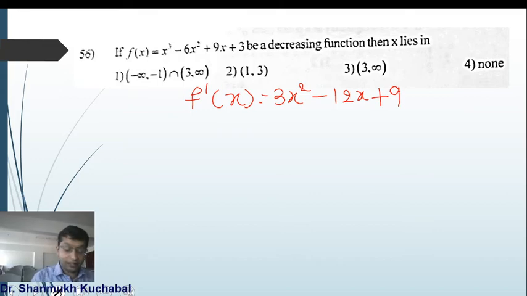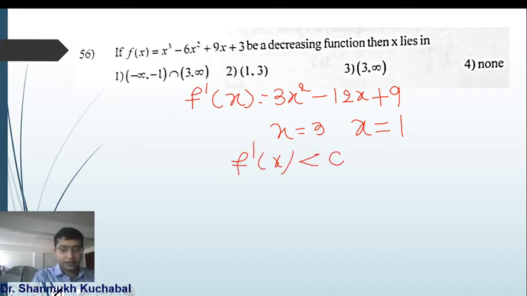Further, it is decreasing, so we need to find the factors of this. 3x square minus 12x plus 9. The factors are x equal to 3 and x equal to 1. The function is decreasing means f dash of x is less than 0 in the interval 1 comma 3. Therefore option B is the right answer. Option B is the right answer. You can take a screenshot of this.